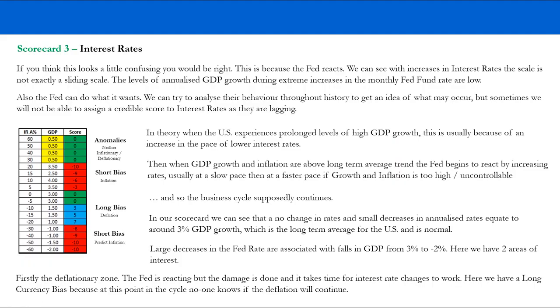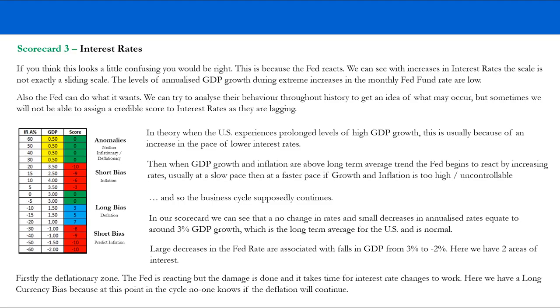So we tend to find with lagging indicators that we do get anomalies in data in economics. Now, we can try to analyze their behavior throughout history so we can get an idea of what may occur, but sometimes because of these anomalies, we won't be able to assign a credible score to interest rates, because they are lagging. So a credible score in our overall systematic process.